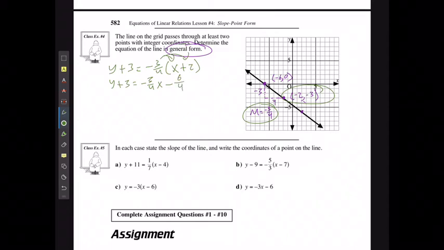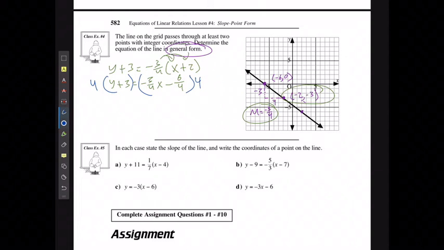And now I don't want fractions. So I can move everything to the left-hand side first, or I can just get rid of the fractions. In order to get rid of the fractions, I need to multiply by the common denominator, which is 4. Multiply all this by 4, multiply all this by 4.